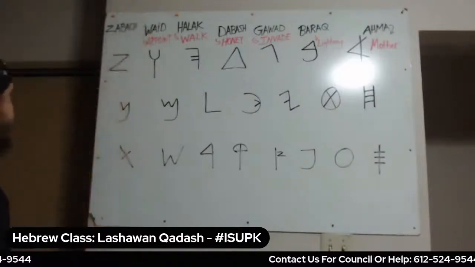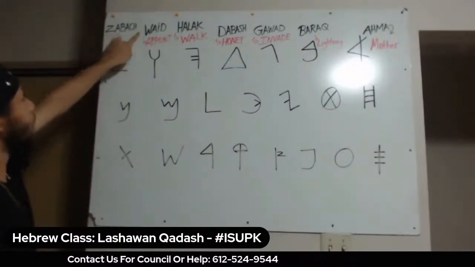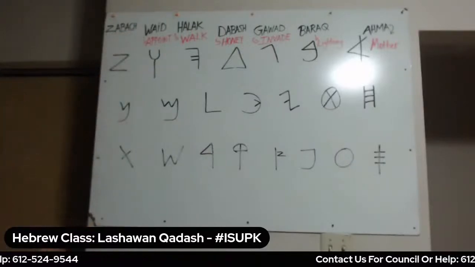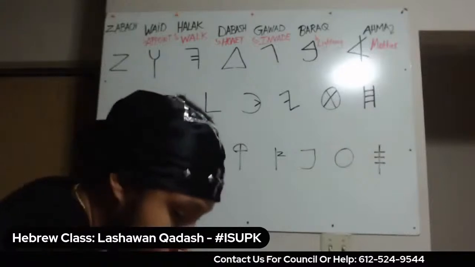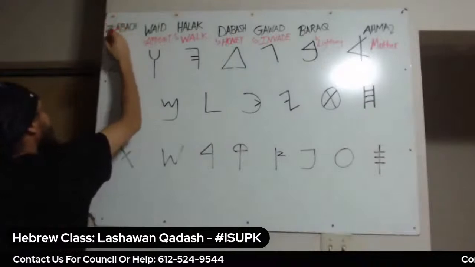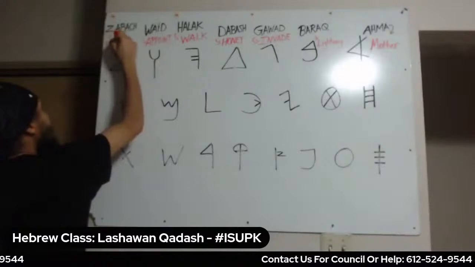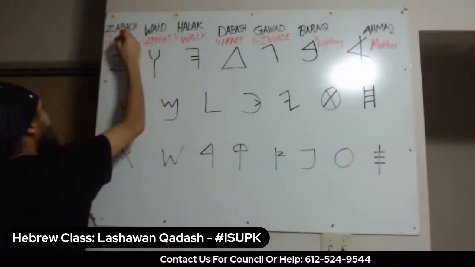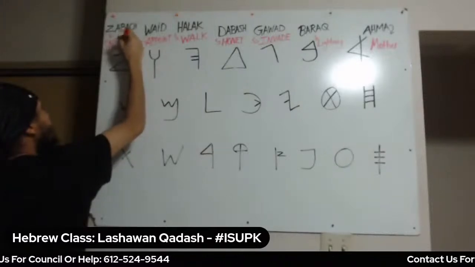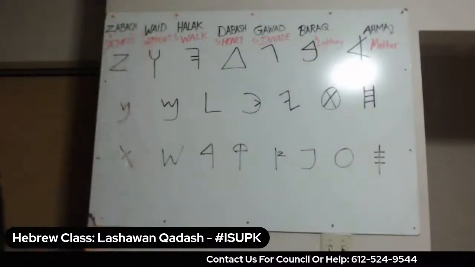The Hebrew word is zabak. So we got the z, the b, and the k, but the two a's drop off because the b and the k is connected together. So it's zabak. All right. And the definition for that is sacrifice.